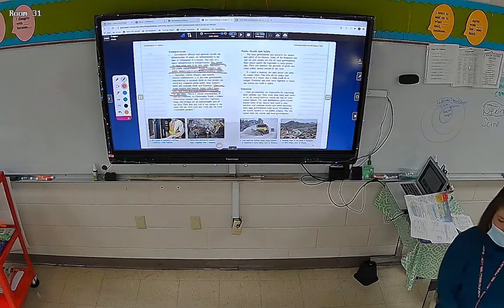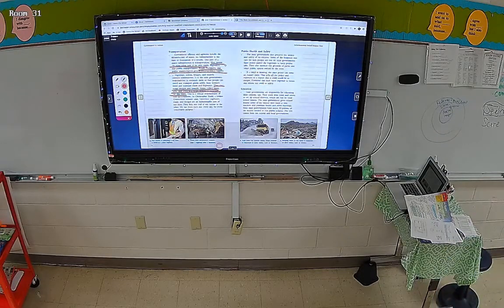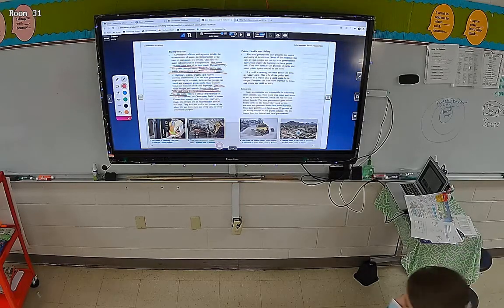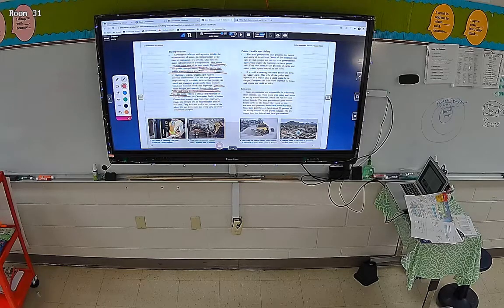After you read those two paragraphs, I want you to underline at least one thing that tells you what the government's job is. I'm coming to check. What does the government do to help with safety and health? Let's just do one, so we're not underlining.